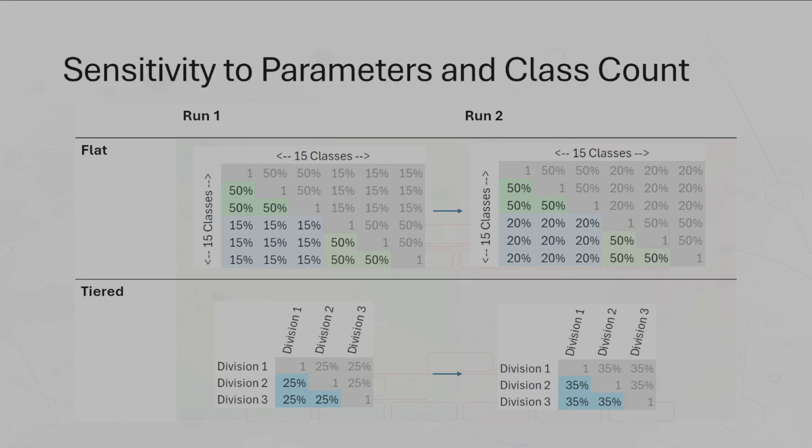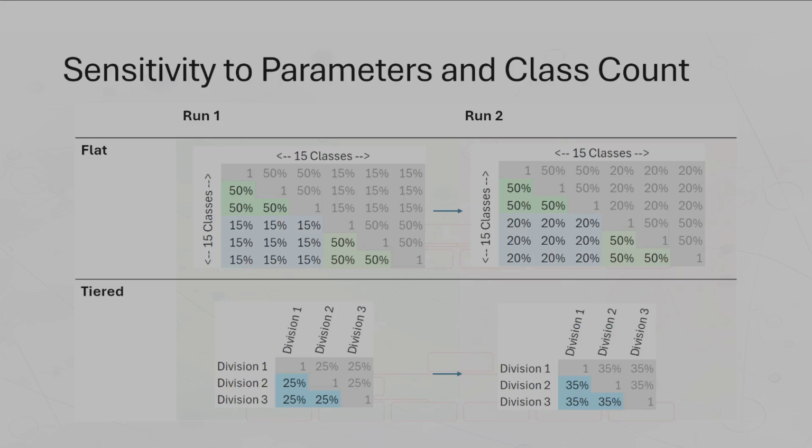So, setting up a slightly different example, where we've got 15 classes and another one where we've got 150 classes, and these are being split into different divisions. Within the divisions, we're keeping a constant 50% correlation. The only thing we're going to change is the strength of correlation between the divisions as we go in the first run compared to the second run.